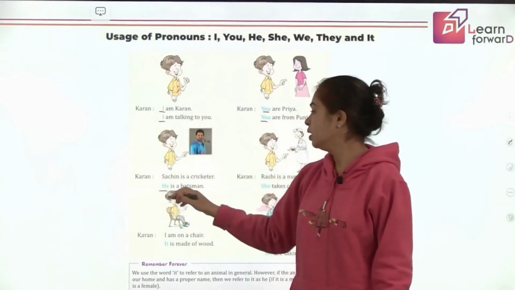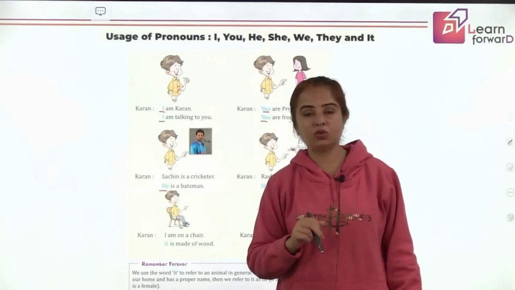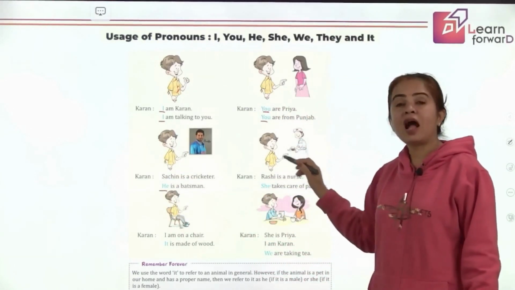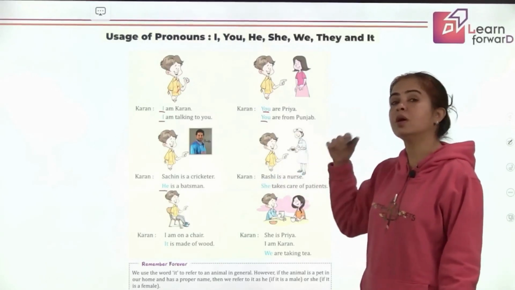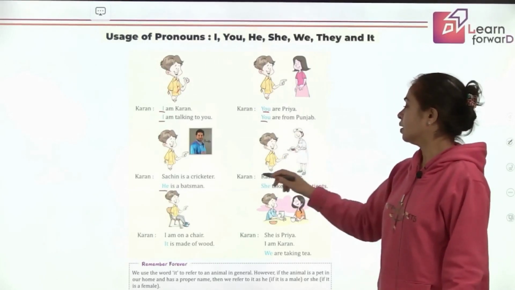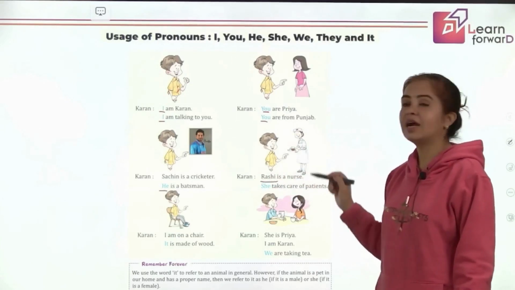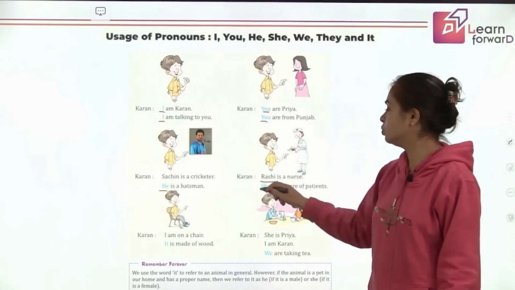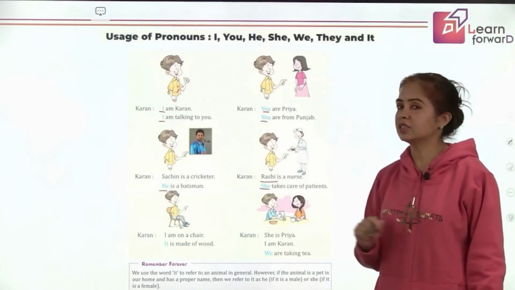About him, Karan is using the word he. Now Karan is telling about somebody else also. Karan is telling about Rashi. Rashi is a nurse. Rashi is a female. So Karan uses the word she. She takes care of patients.